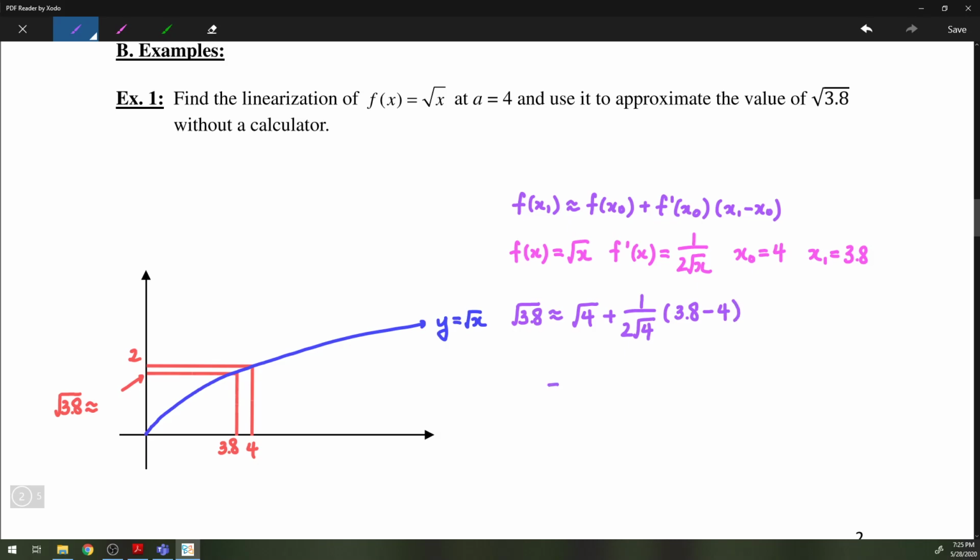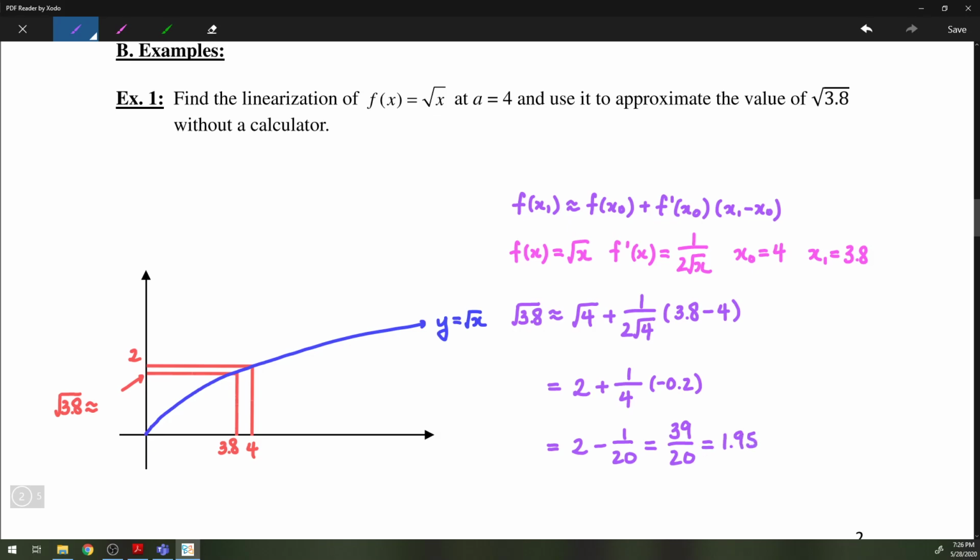So here we can evaluate. Square root of 4 is 2. Again, square root of 4 is 2, multiplied by 2 is 4 here, and then 3.8 minus 4 is negative 0.2. If we convert everything into fractions and multiply these together, we'll actually get 2 minus 1 over 20, which will result in 39 over 20, which is 1.95.